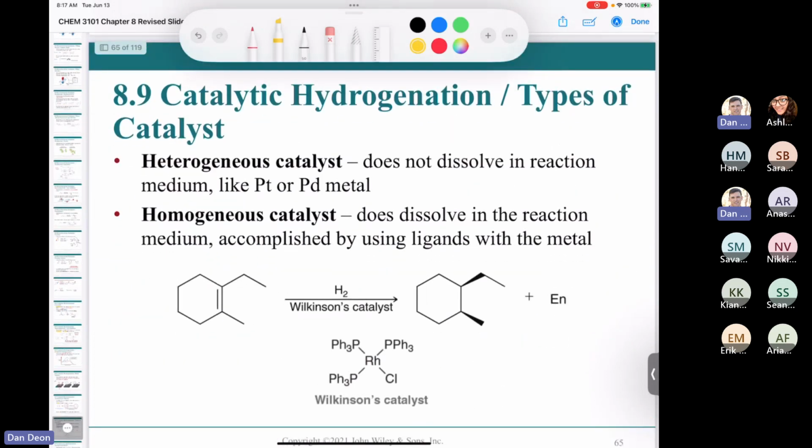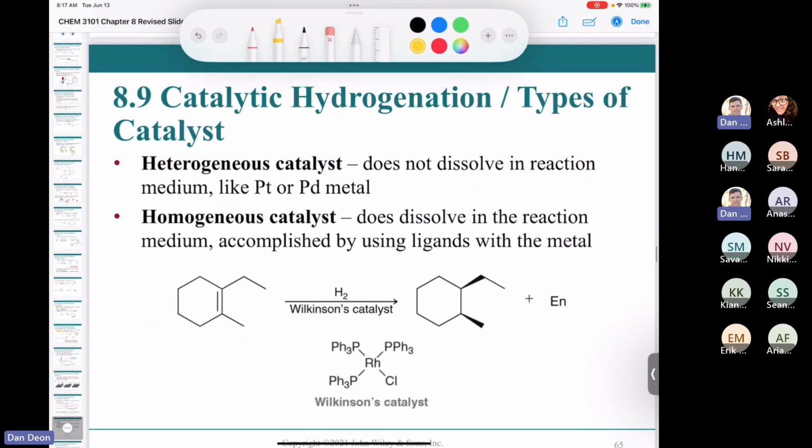We're not going to cover the section on homogeneous catalysts. What we cover in this class in 3101 are heterogeneous catalysts. So the metals that we use, platinum, palladium, or nickel, don't dissolve in the reaction mixture. They actually stay undissolved, so it forms a suspension when you stir the reaction mixture.